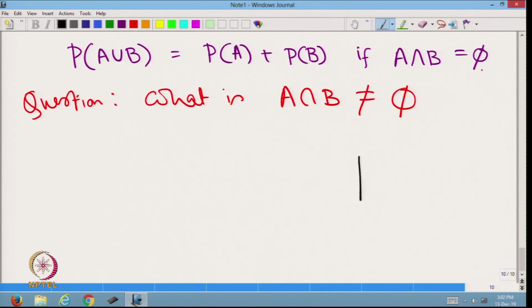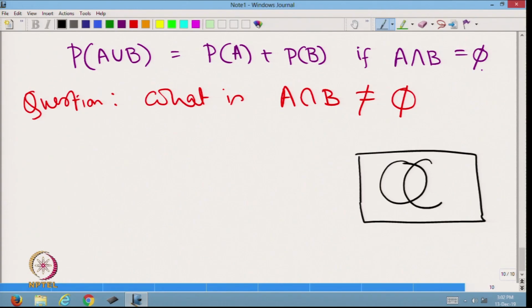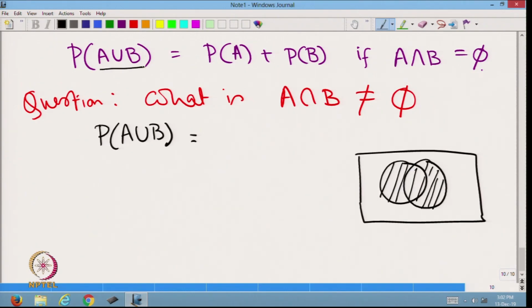Example: suppose this is my omega, this is my A and this is my B, and we are looking at probability of A union B. This is the probability that the entire portion is covered by the event A union B. What is going to be its probability?